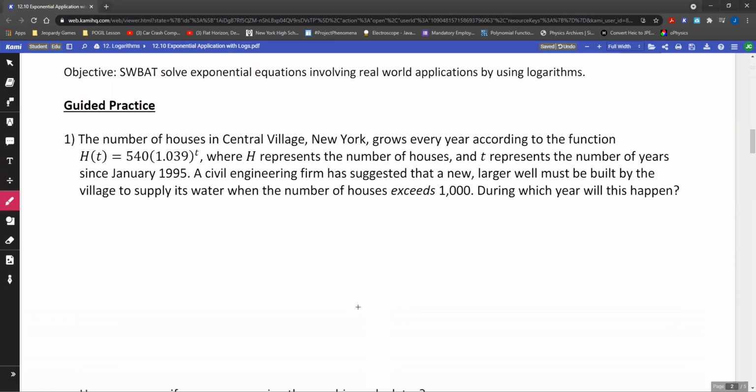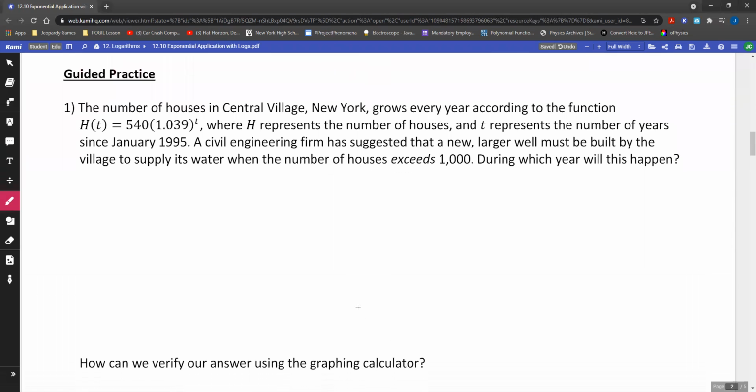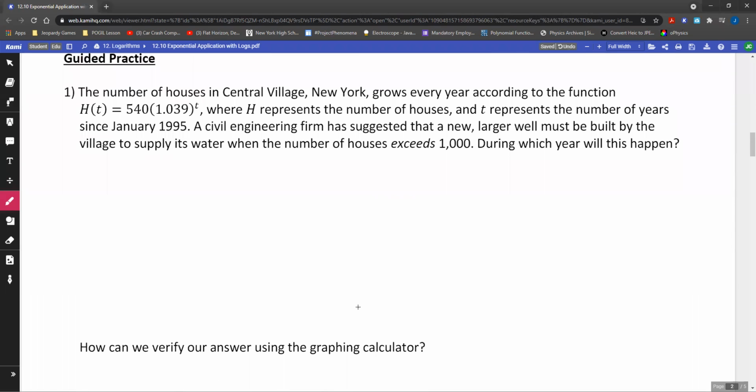Scrolling down to the next question. So here they give us this equation for the number of houses in a certain village, and the number of years are since 1995. They want to know when will the number of houses exceed 1,000.